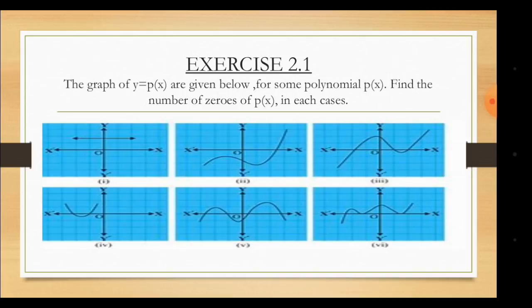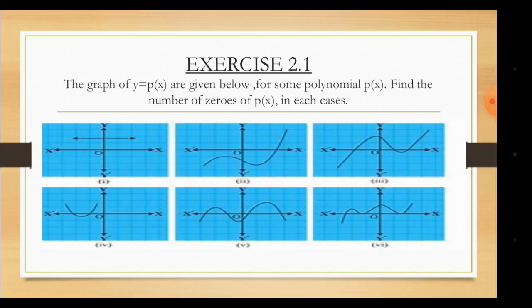A straight line is given, but that line does not intersect the x-axis. Zero means the x coordinate of the point where the graph intersects the x-axis. So the line does not intersect the x-axis, hence it has no zero.